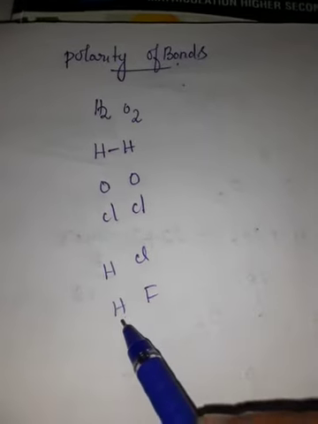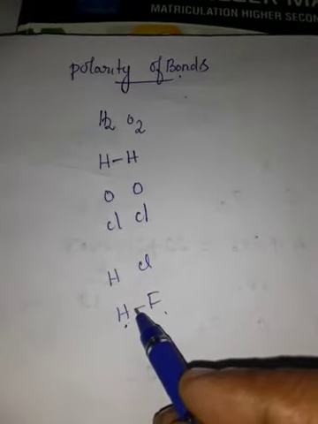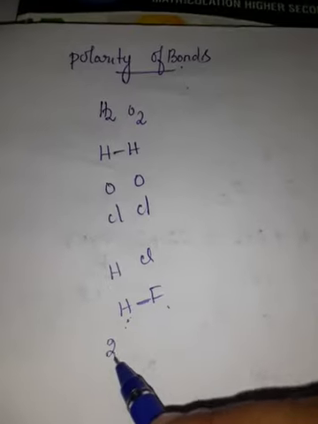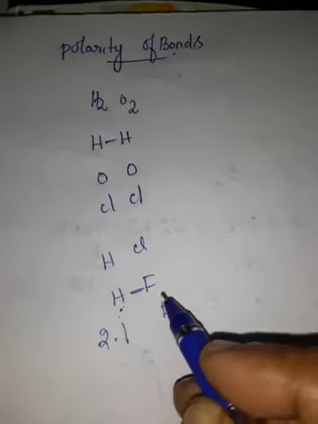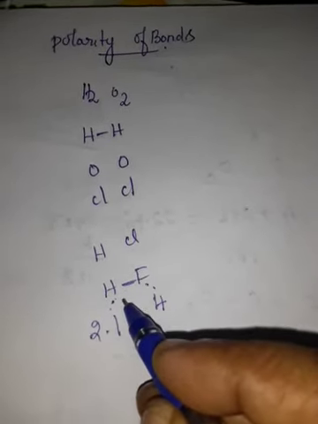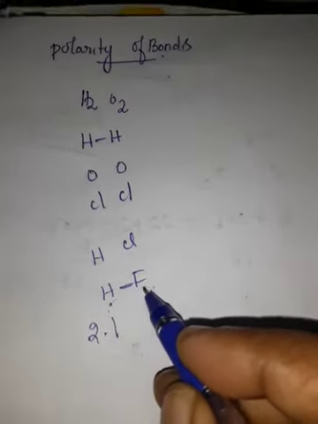For example, take HF, the covalent bond between hydrogen and fluorine. Here the electronegativity of hydrogen is 2.1, electronegativity of fluorine is 4. It means that fluorine is more electronegative. It attracts the shared pair of electrons towards itself more than hydrogen.